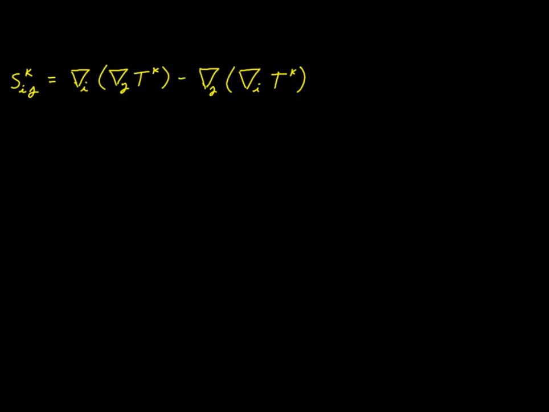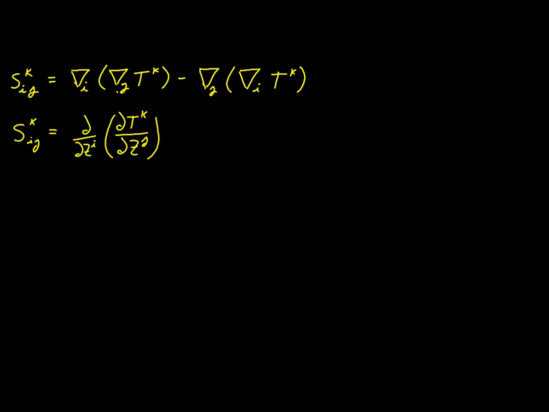Now, let's look at what happens when we evaluate this result using Cartesian coordinates. Here we would have tk, i, j, and of course in Cartesian coordinates the covariant derivative is just the partial derivative. So we'd start by taking the partial derivative of tk with respect to zj, then we'd take the partial derivative of that with respect to zi.